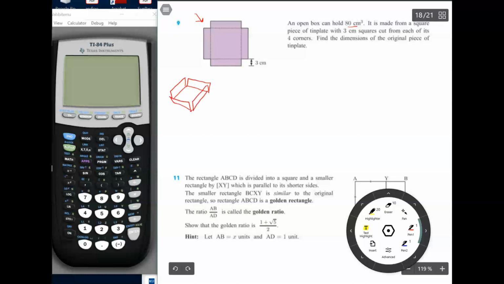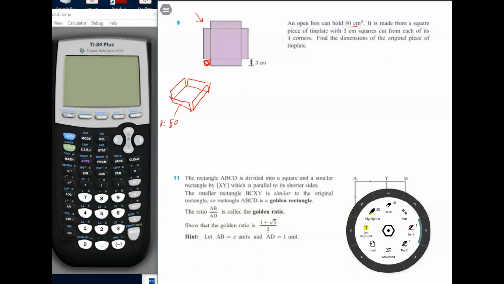So this open box happens to have a volume of 80 cubic centimeters. It's made from a piece of tin plate with 3 centimeter squares cut out. So this is a 3 centimeter square that they cut off. Find the dimensions of the original piece of tin plate.